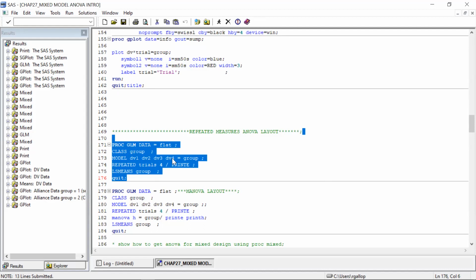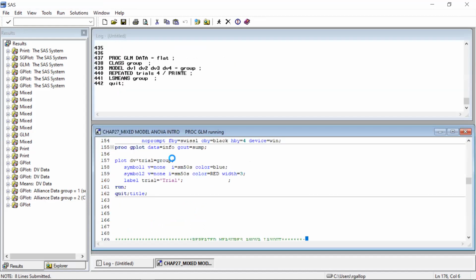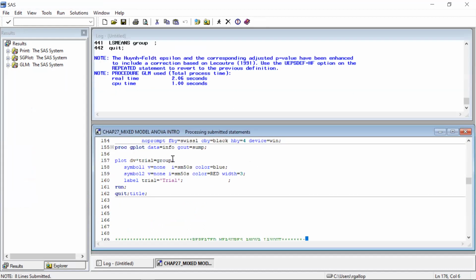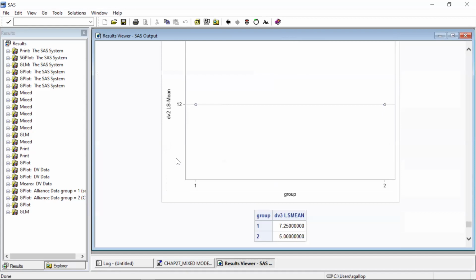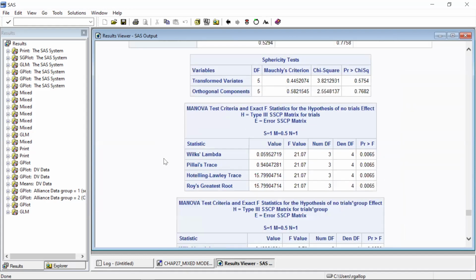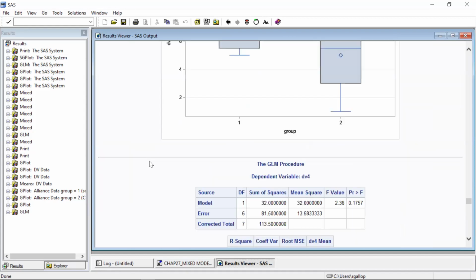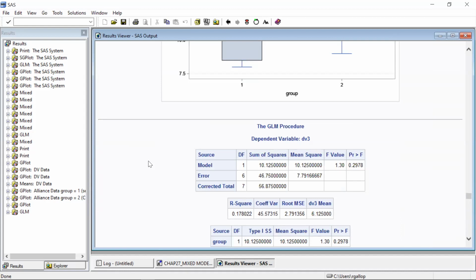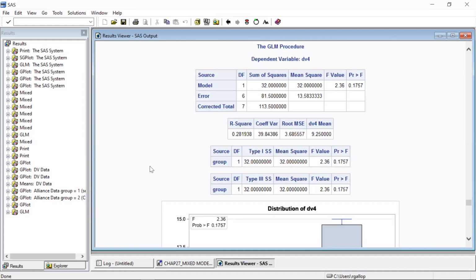If you're using repeated measures ANOVA within GLM, this is going to require the data to be flat. So you can see I'm on the flat file here. When I model this, it's going to give me a lot of output, so I'm going to go up to the very top.